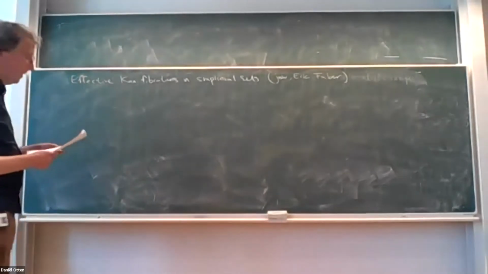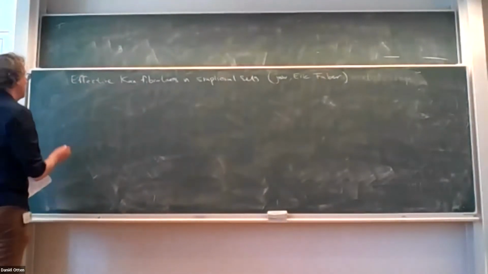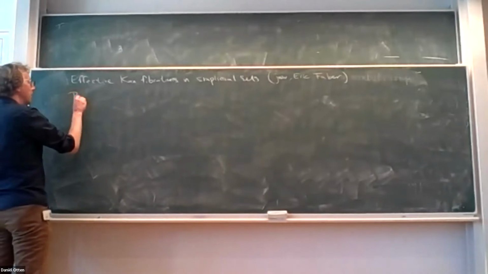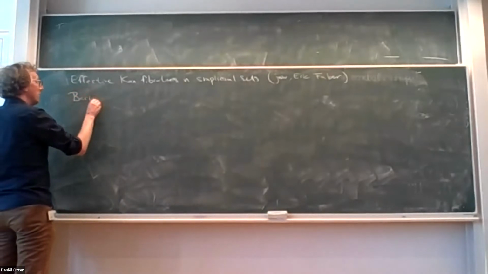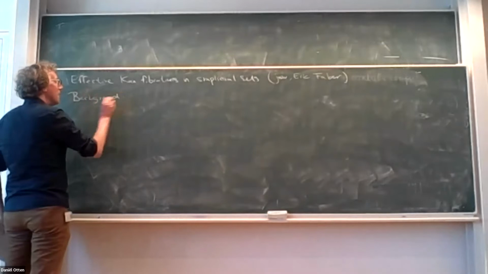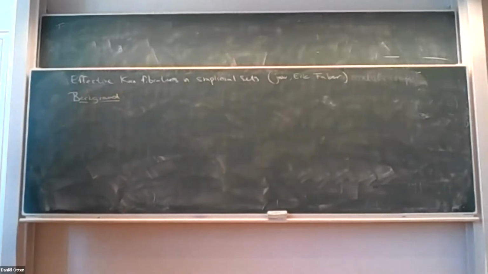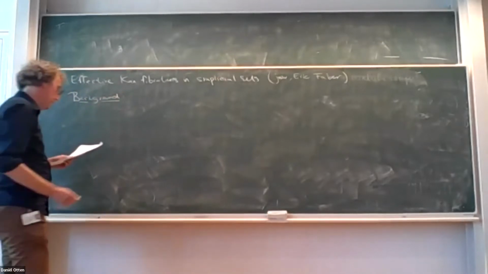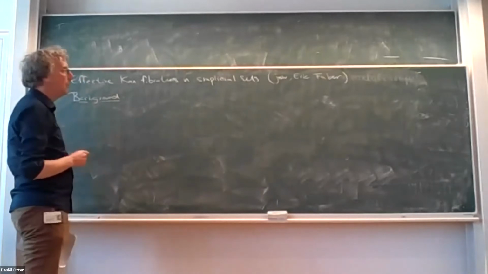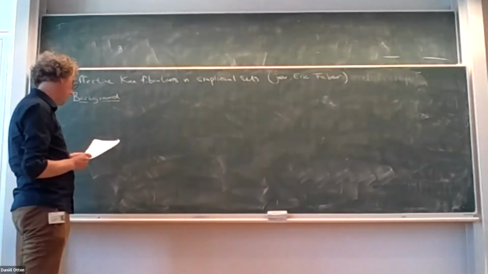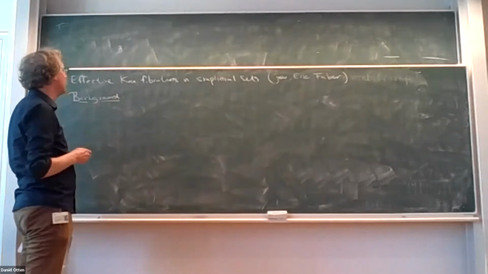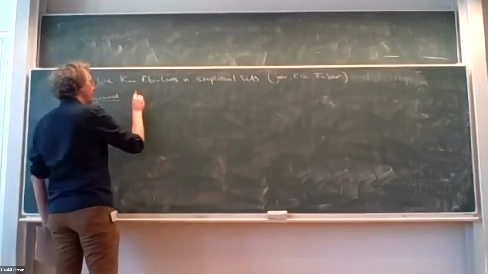What we have at the back of our minds is, well, two things. So what we have in the back of our mind is really homotopy type theory.